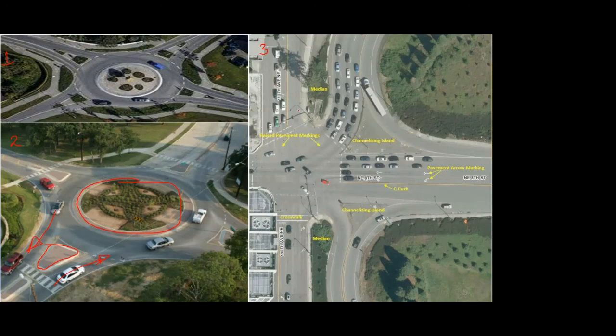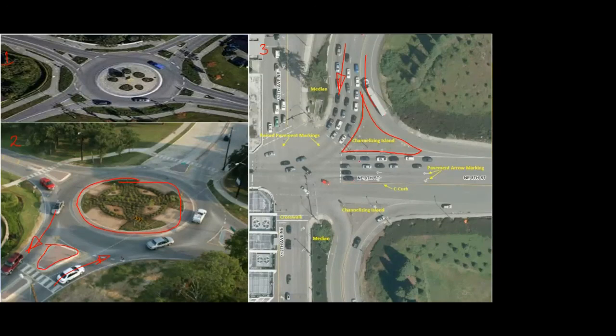Okay. Or even on the right side in photo number 3, just see this is the channelizing island. So now what it is doing is, whatever is the flow which has to go straight, it will follow this side of the channelizing island, and the turning ones, they will follow this path.